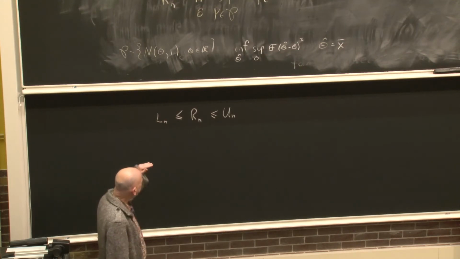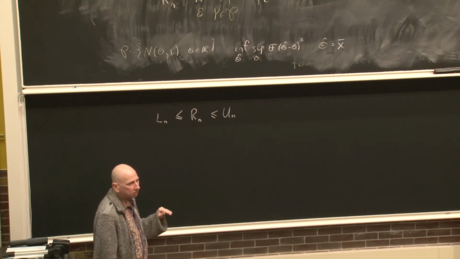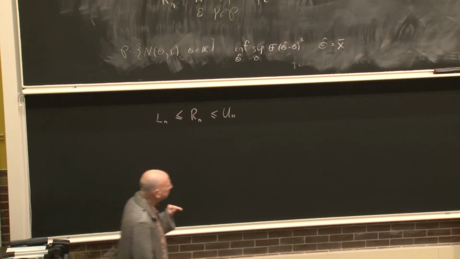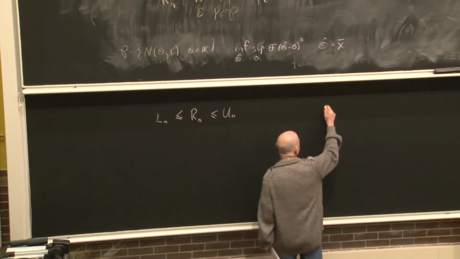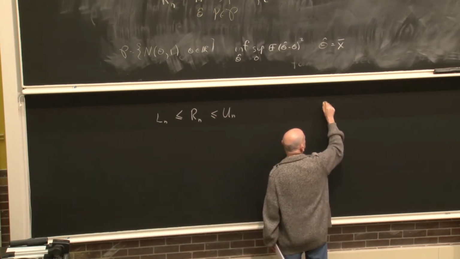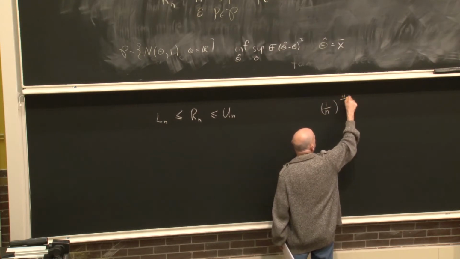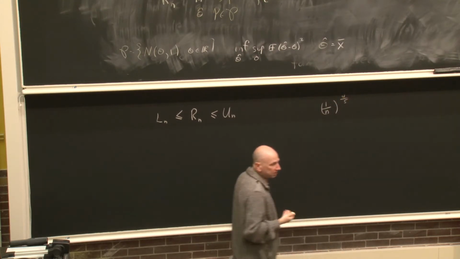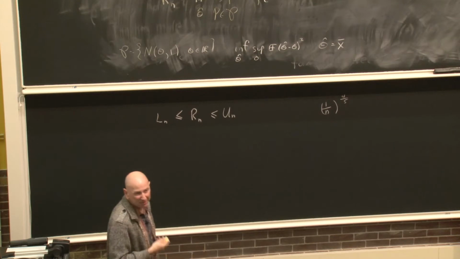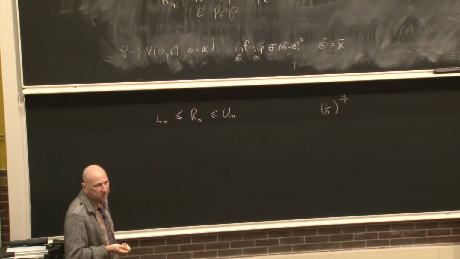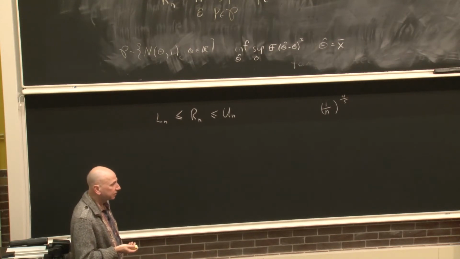And then, if the upper bound and the lower bound both go to 0 at the same rate, like let's suppose you find out that the upper bound and the lower bound both behave like 1 over n to the 4/5, then you've at least shown that the minimax rate is 1 over n to the 4/5. They might not agree in the constants, but at least you get the rate correct.